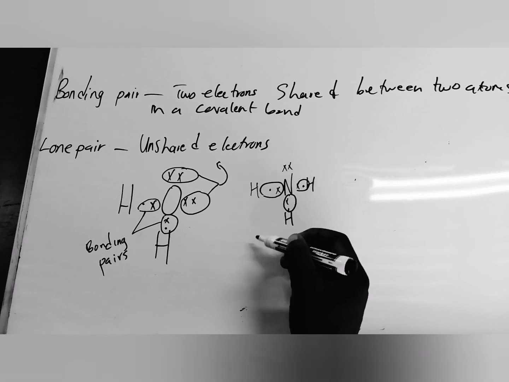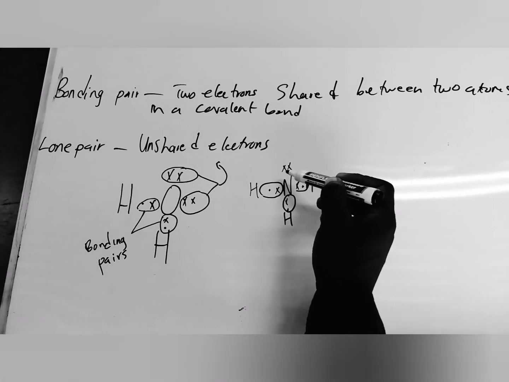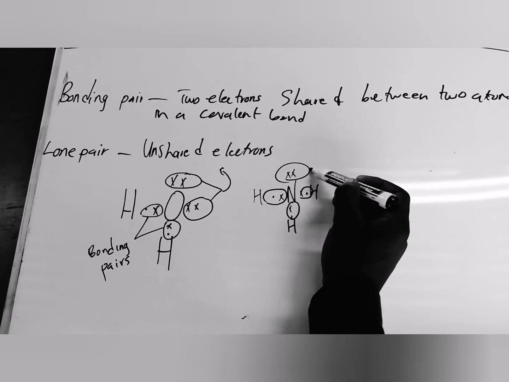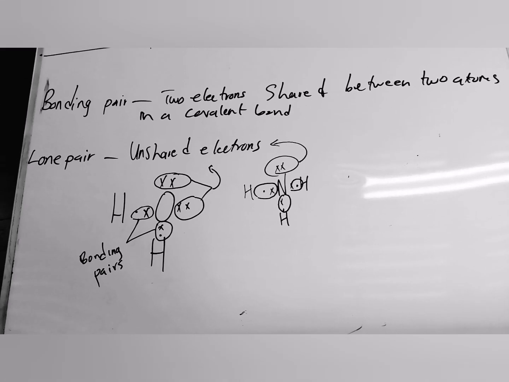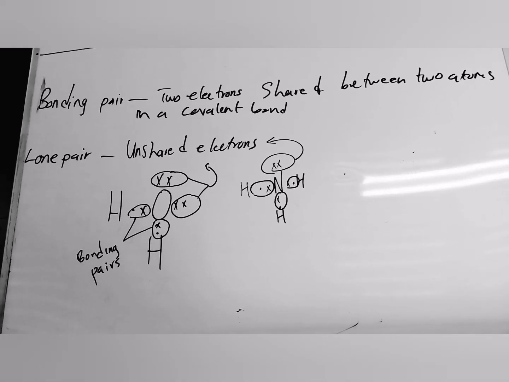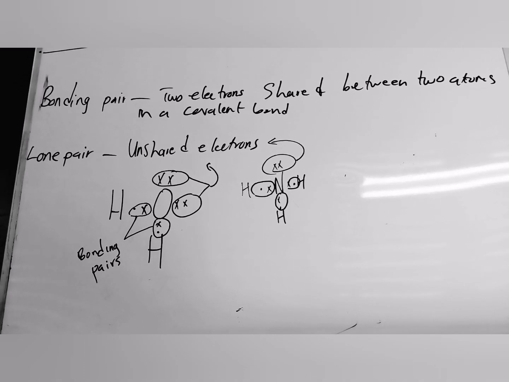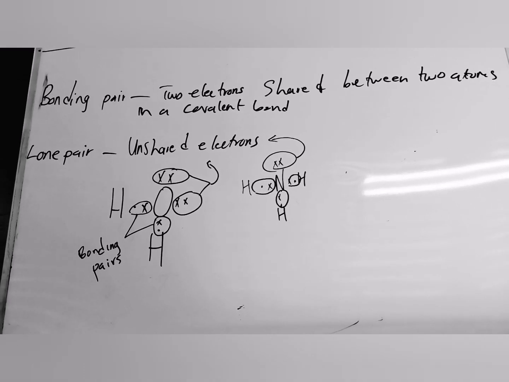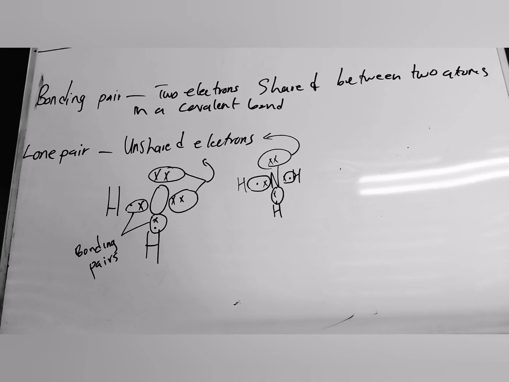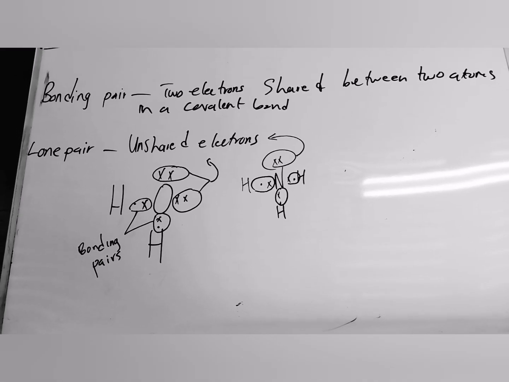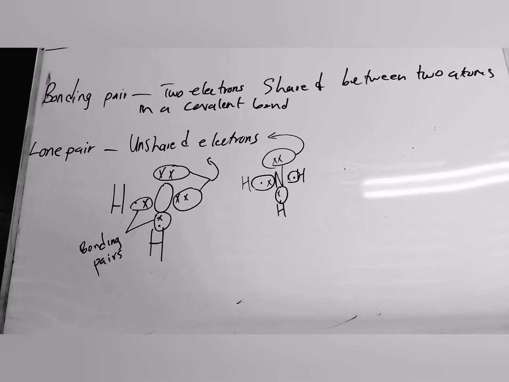So that single pair on the central atom is known as a lone pair. So you check the bonding pairs, then you look if you have a lone pair on the central atom. So this is how you see bonding pairs and lone pairs. I hope we are together here. This is very important because you can never determine the molecular shape without knowing this.